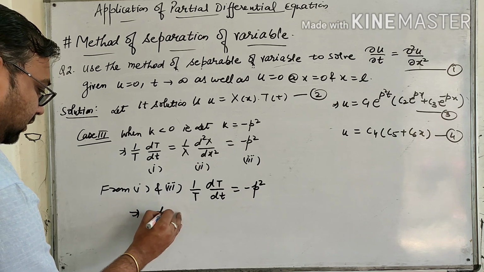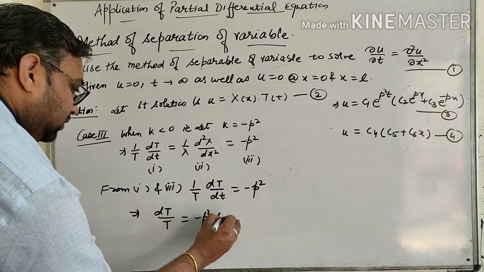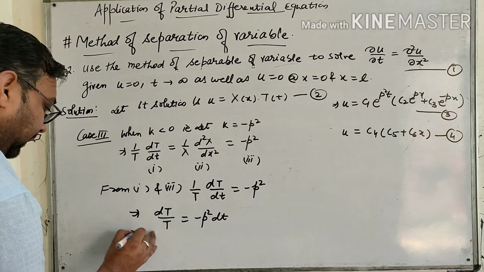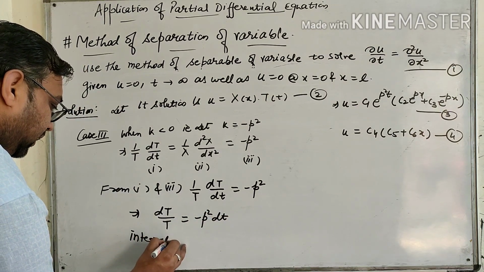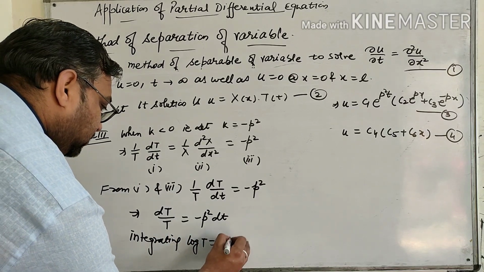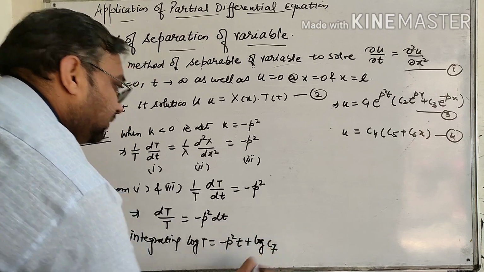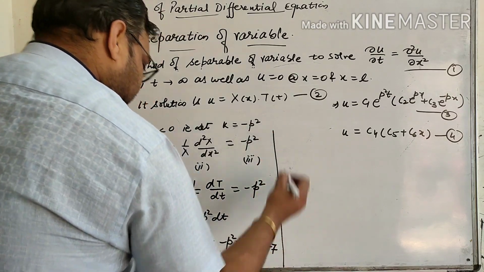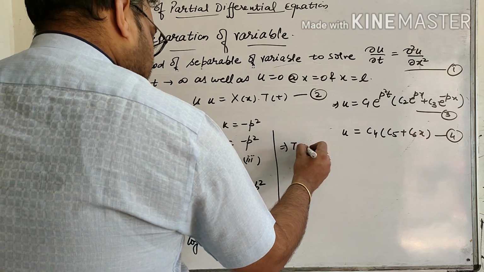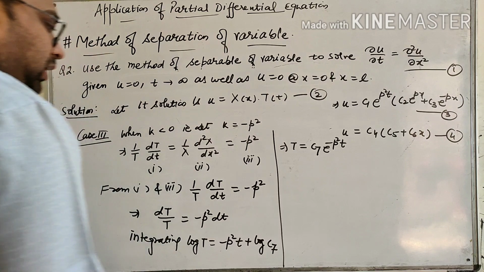On separating the variables, dT upon T is equals to minus p square dt. Integrating, we get log T equals minus p square t plus log C7. So T is equals to C7 e raised to power minus p square t.